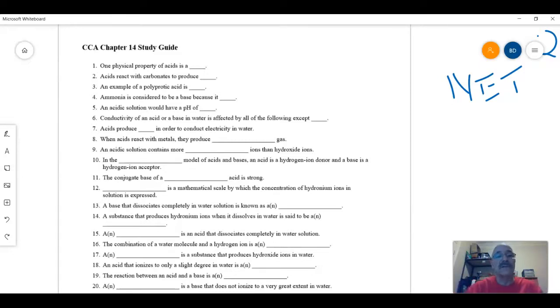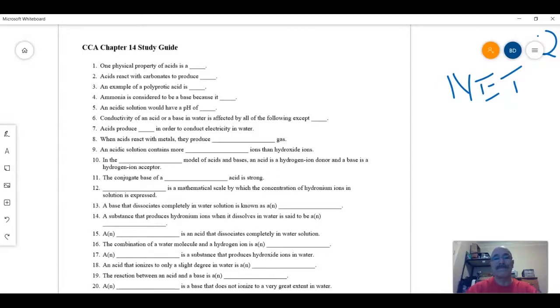Number 5, an acid solution would have a pH of less than 7. Number 6, conductivity of an acid or a base in water is affected by all of the following. Now, I stripped this off of a question that is obviously a multiple choice question, but the conductivity of an acid or base in water only occurs for strong acids and strong bases.